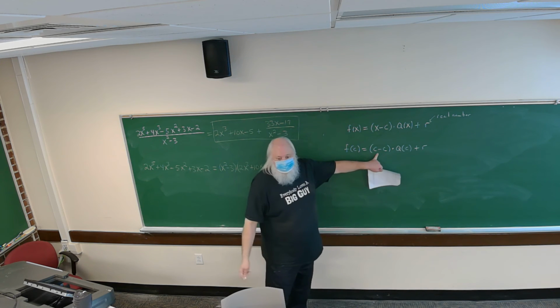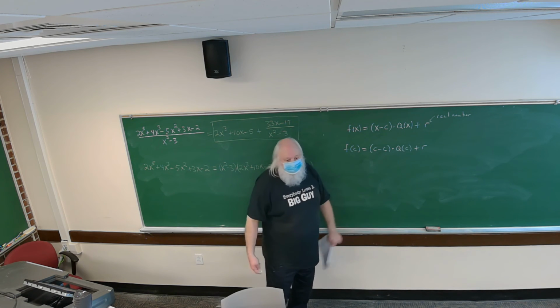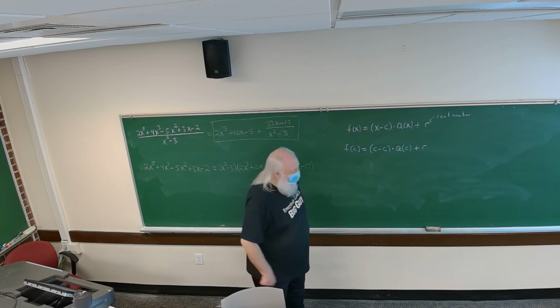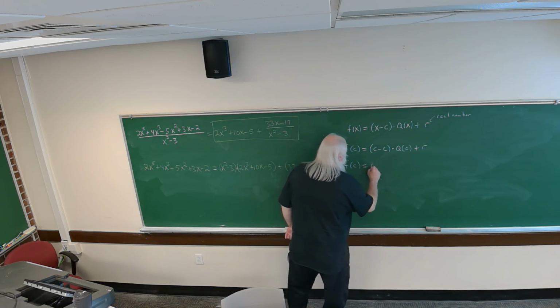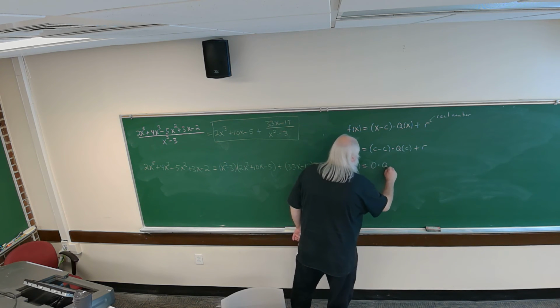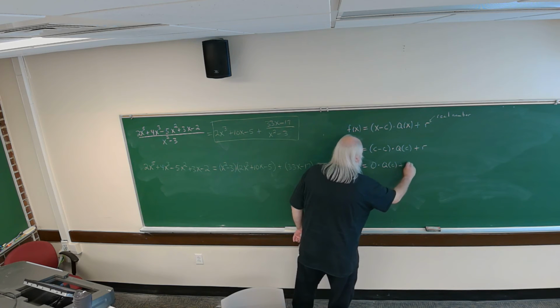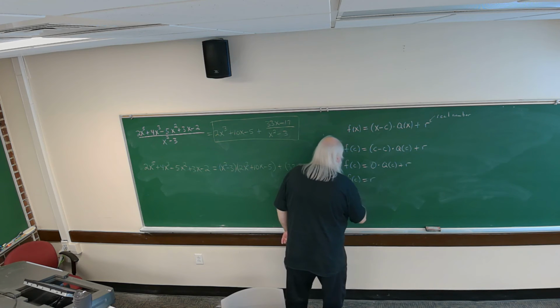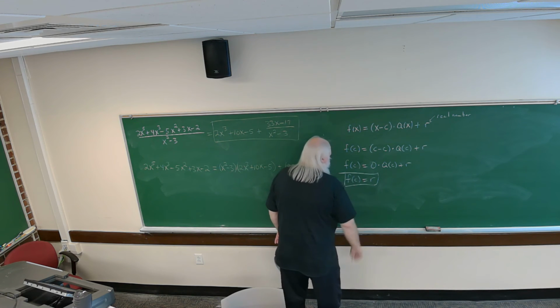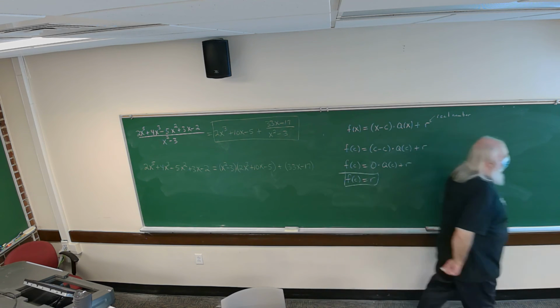Well, in parentheses, c minus c is 0, and 0 times q of c is 0. So we have f of c is equal to 0 times q of c plus r, or f of c is equal to r. That's what the remainder theorem is saying right here.